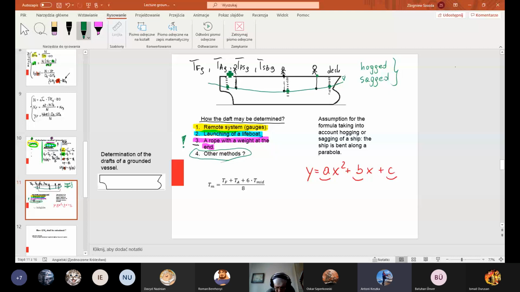Fore and aft drafts are bigger than midship draft. The ship is sagged. No, hogged. Is it? Yes, it is. Sorry, the green line is our vessel's shape or the water line's shape? Water line. The green line here is the water line.